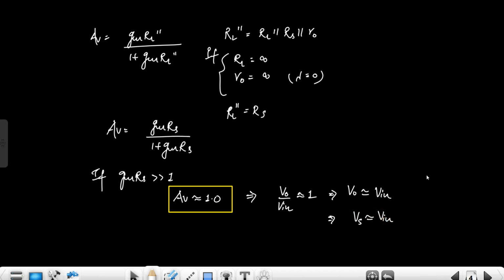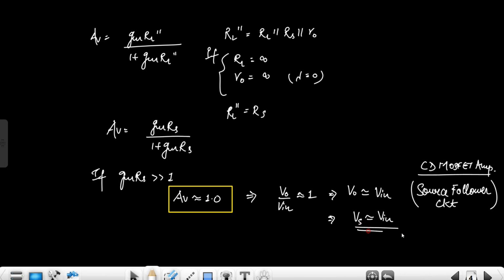That's why the common drain MOSFET amplifier is known as the source follower circuit, because the source voltage follows the input voltage, right? So this is the small signal voltage gain and the approximation.